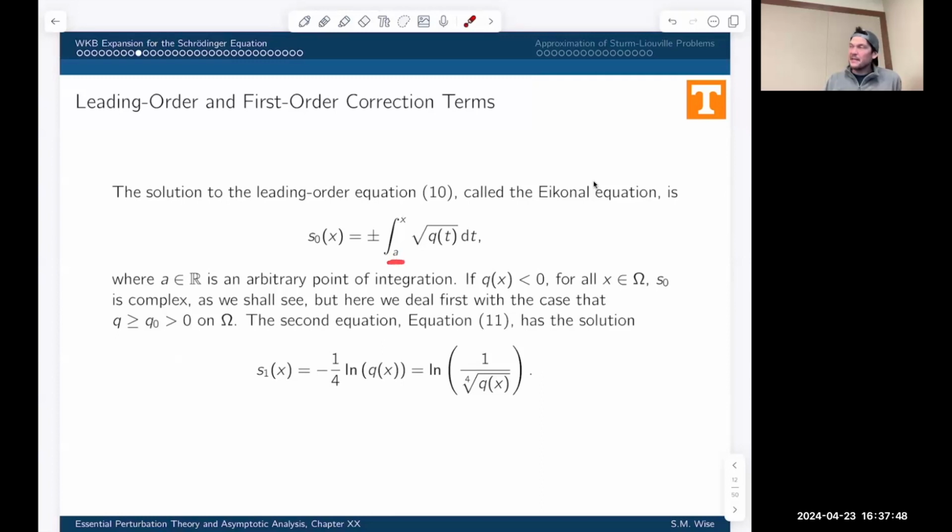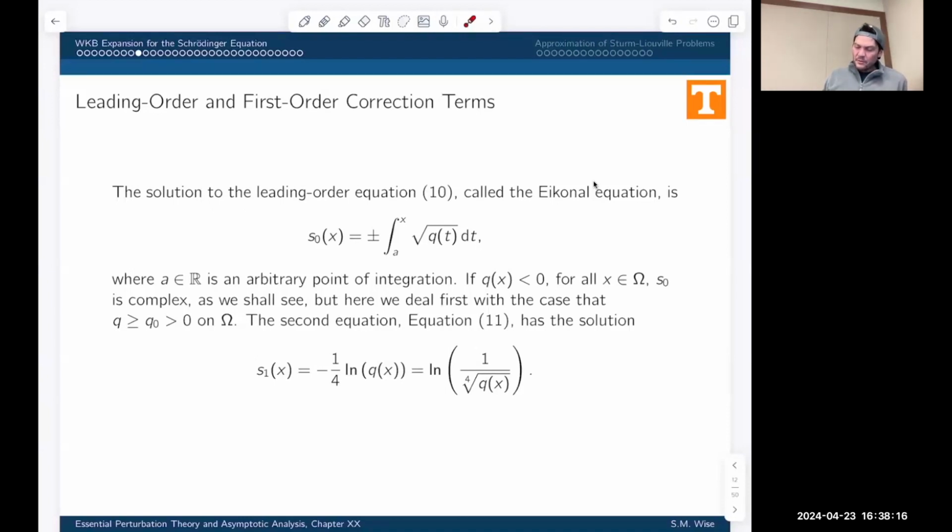We're usually going to set this to be useful for our problem. Oftentimes, A is just going to be 0, sometimes minus infinity, sometimes 1, but always chosen to be useful to us. Now, if q of x is less than 1, then S naught is going to be complex, as we're going to see, but we're not dealing with that case quite yet.